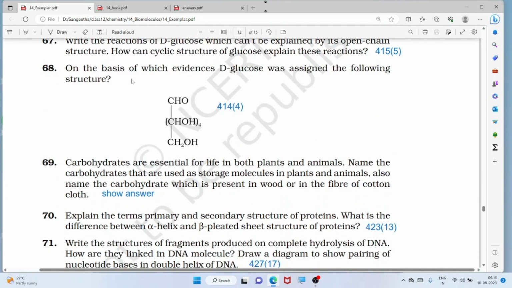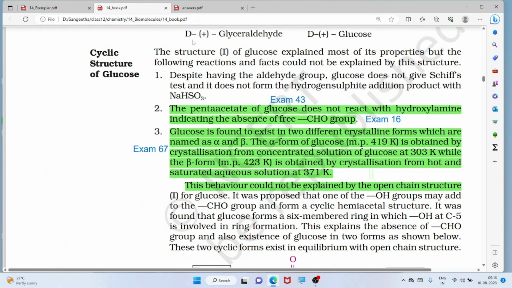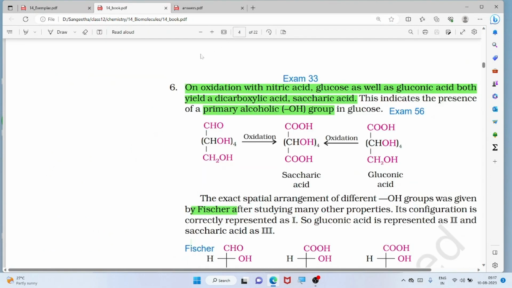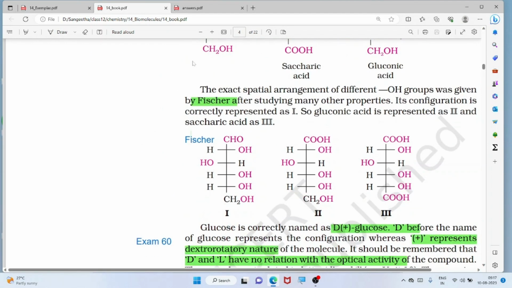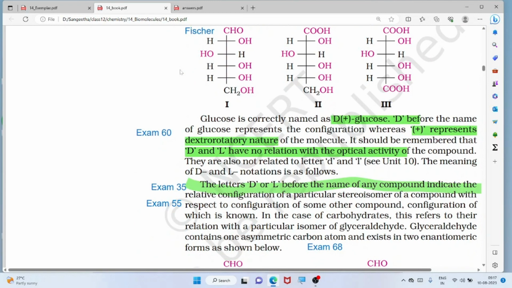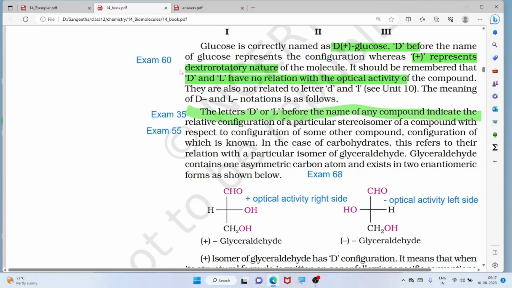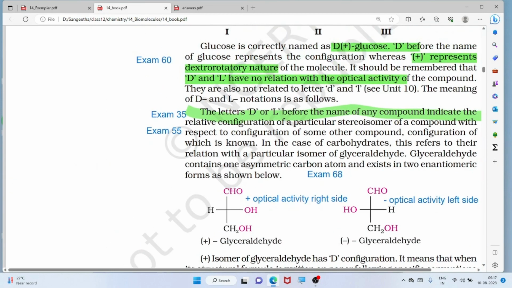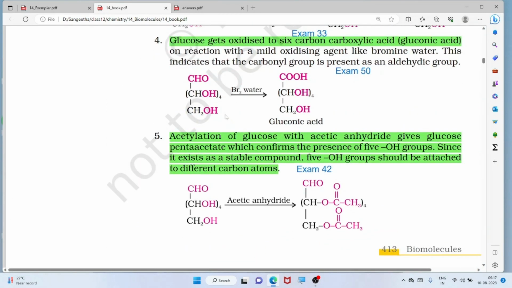On the basis of the evidences, the D-glucose was assigned the following structure. Okay, you can go through these structures. Why have they arrived at this?